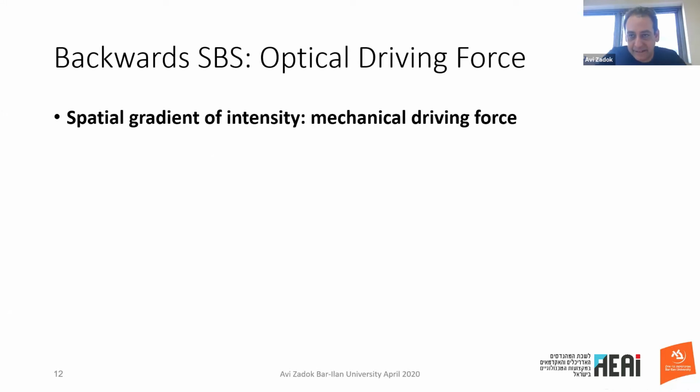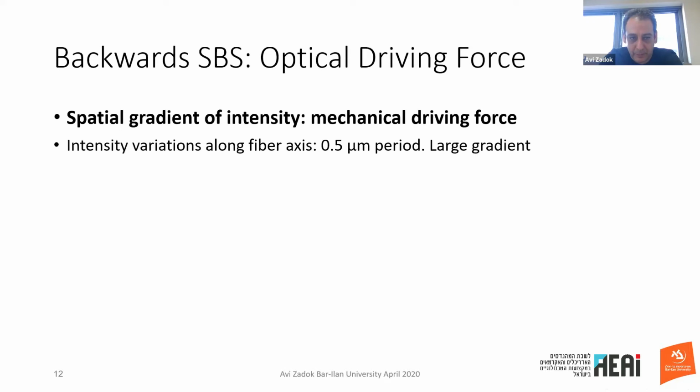And that intensity pattern that I showed you is not fixed. It is changing along the fiber with a certain period. It is also changing across the fiber, because all these optical waves are confined to the fiber core. So let us examine the scale of these profiles. When we go along the axis, if you recall, the wave number is twice the optical wave number. This means it is very, very large.